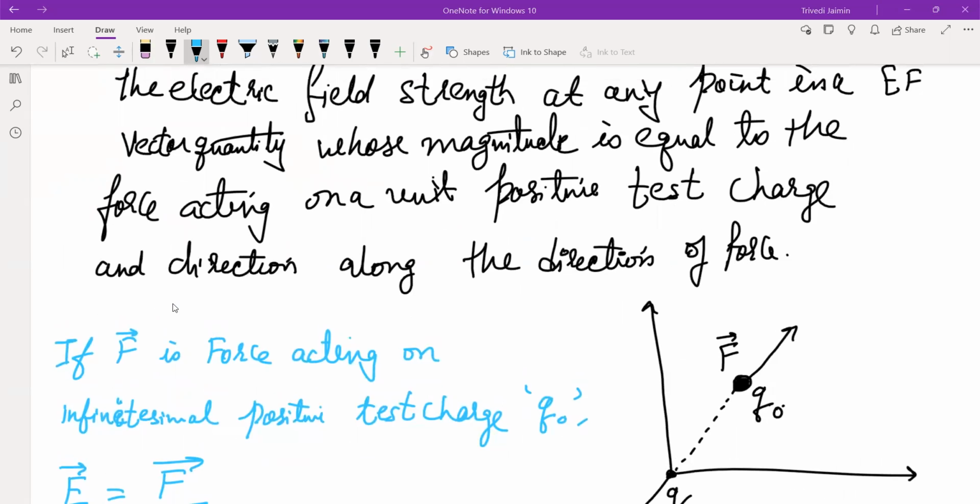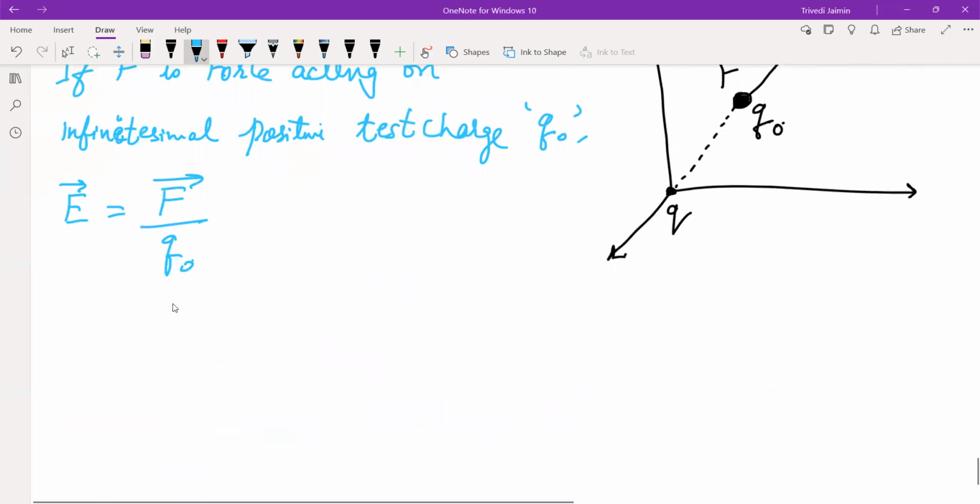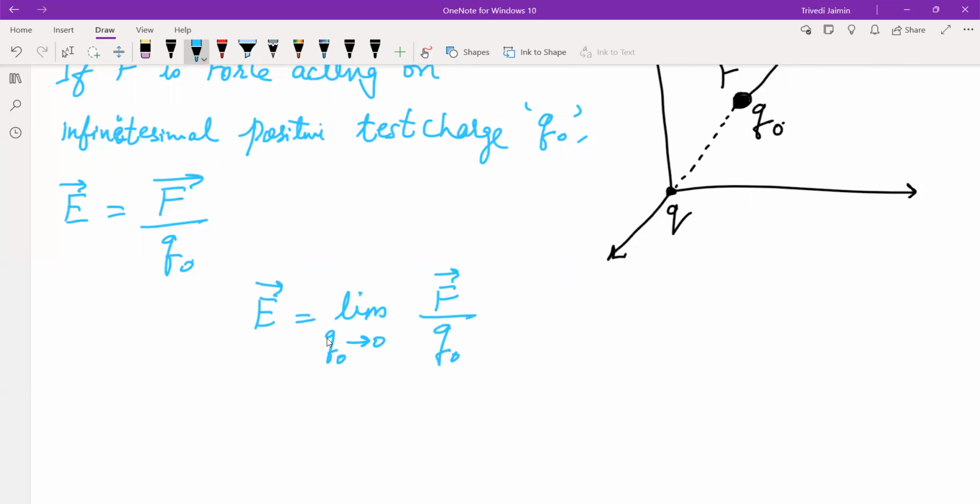Keep in mind, with this we can make one formula: E equals the limit as Q naught tends to 0 of F by Q naught. So the unit of electric field will be Newton per coulomb or volt per meter.